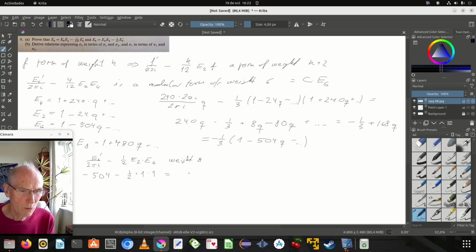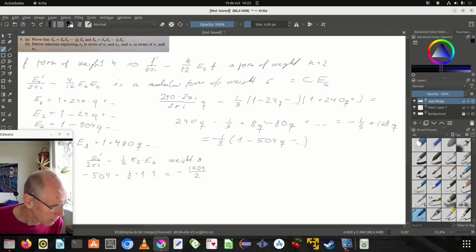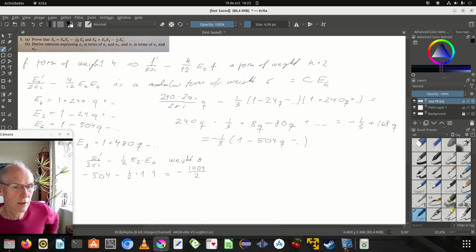This is really weird. So it's minus 504 minus, so it's minus 1009 halves. We are nowhere near the 480. Oops. This is of course times q.